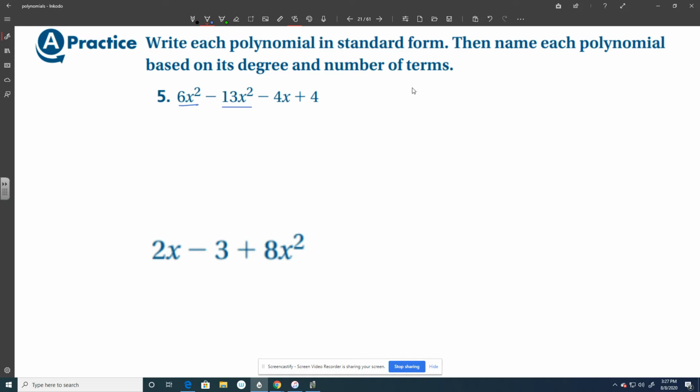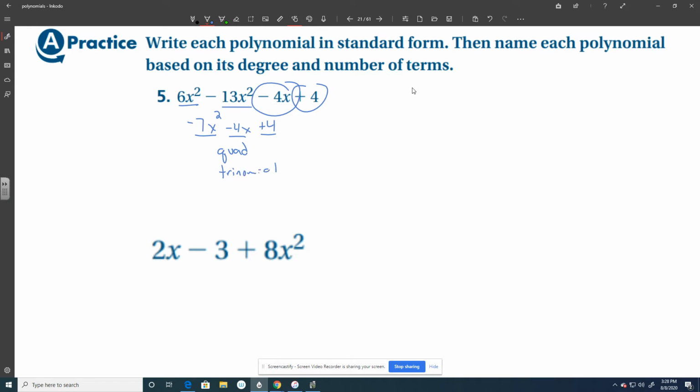So 6 minus 13, that's -7x squared. And then I have a minus 4x and then a plus 4 that's going to come next. Okay, so that is standard form. It's in order. And my biggest degree is a 2, so we call that a quadratic. And there's 1, 2, 3 terms, so we call that a trinomial.